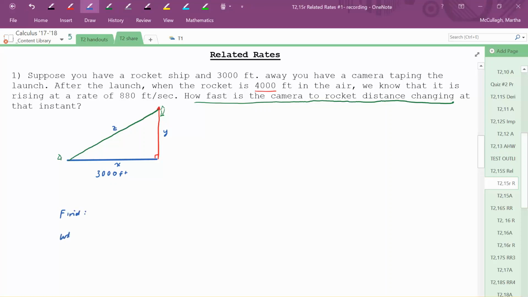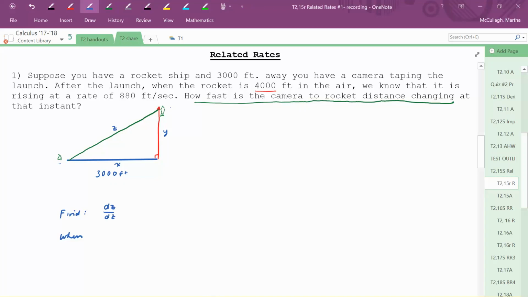and when? Well, what I'm trying to find is how fast the camera to rocket distance is changing. That distance is what we've labeled as z. But I'm looking at a rate of change at some point in time, so that's going to be the change in z with respect to the change in time.